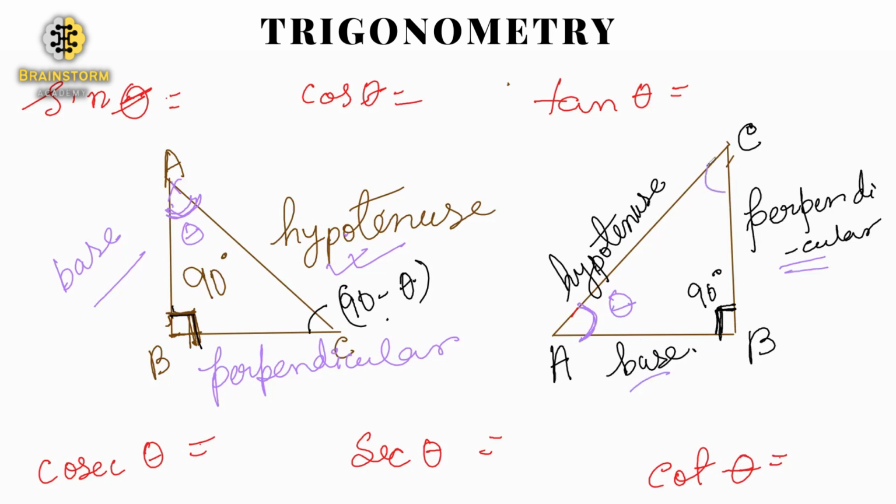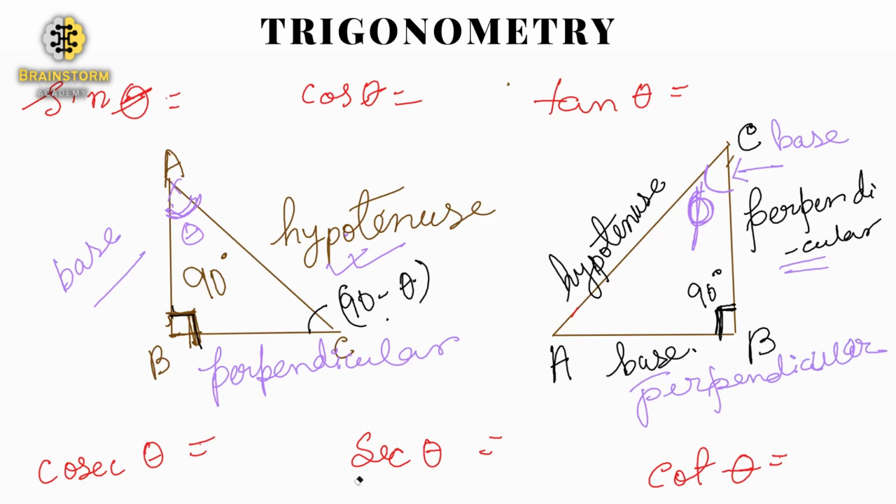But if I, for example, take another angle phi, let's call this angle phi, then according to angle phi, the base will be this and this will become the perpendicular.